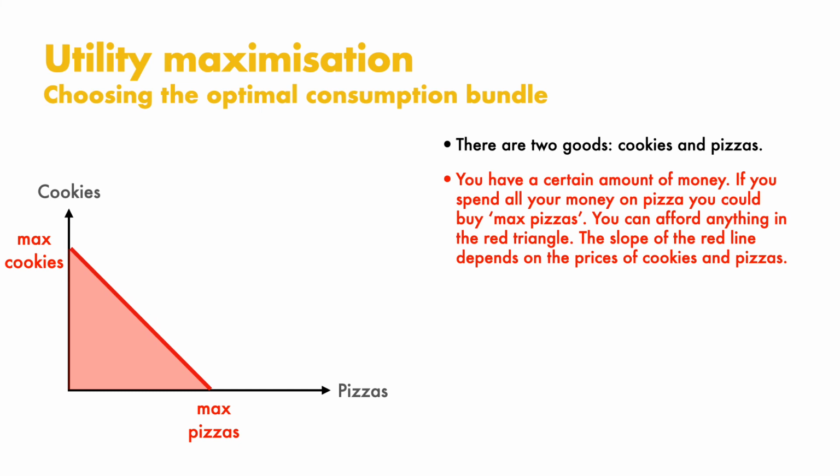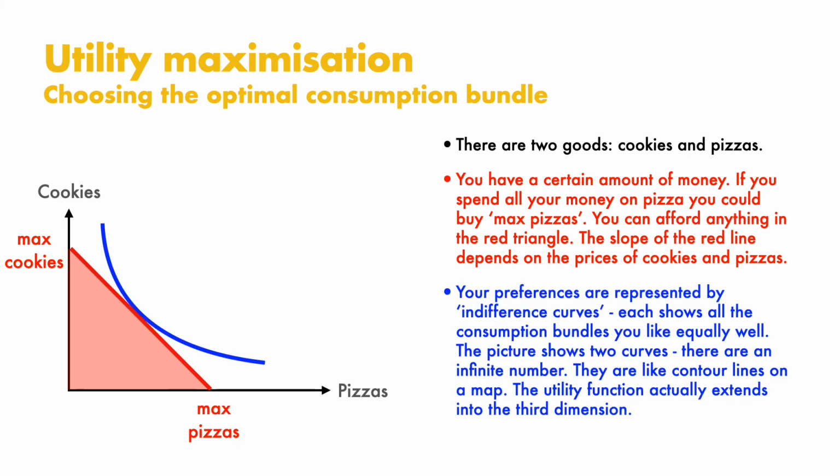Now let's look at the consumer's preferences. We use so-called indifference curves to represent preferences. An indifference curve shows all the different bundles of cookies and pizzas that you like equally well. Given the 3 conditions we imposed on preferences, we are guaranteed to get a downward sloping indifference curve, although it doesn't need to look as nicely smooth and convex as I've drawn it.